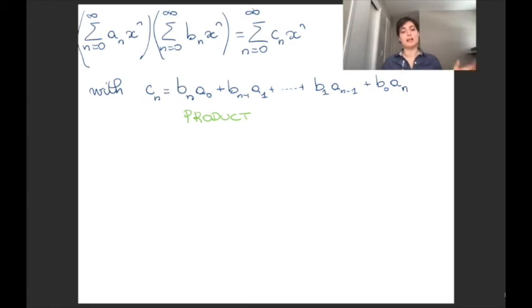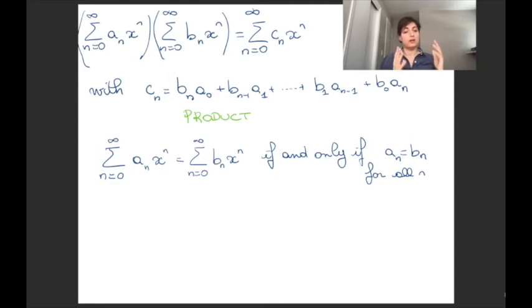So you have c_n equal b_n a_0 plus b_{n-1} a_1 plus all the terms down to b_1 a_{n-1} plus b_0 a_n. So the index of b is decreasing and the index of a is increasing.